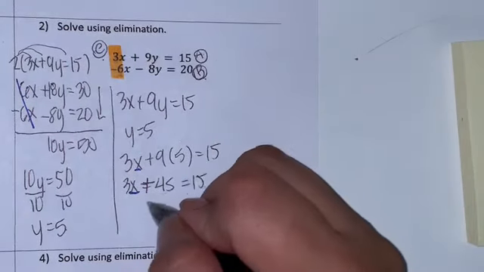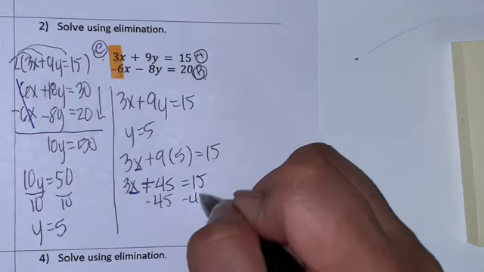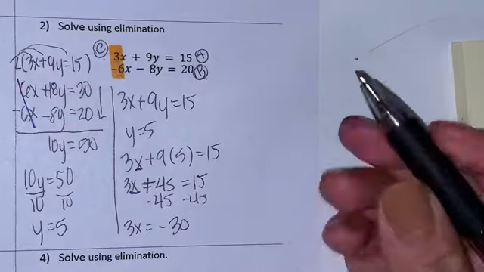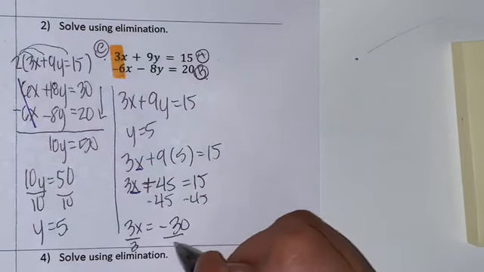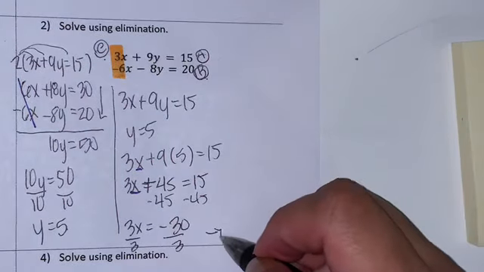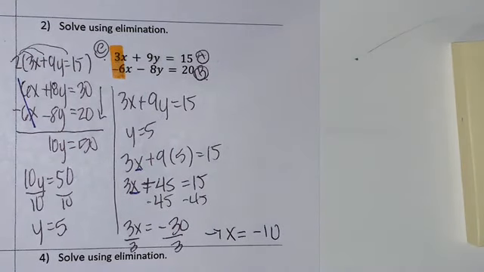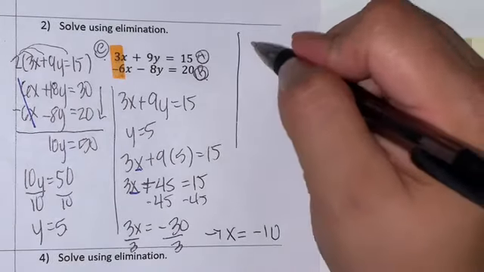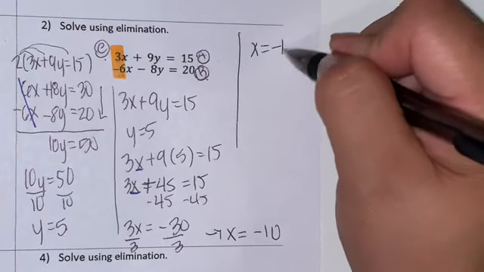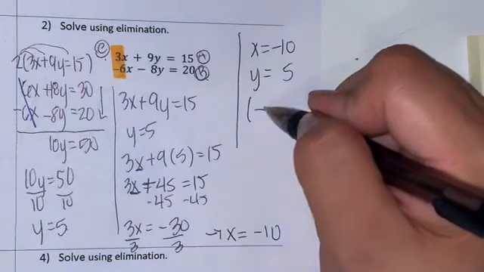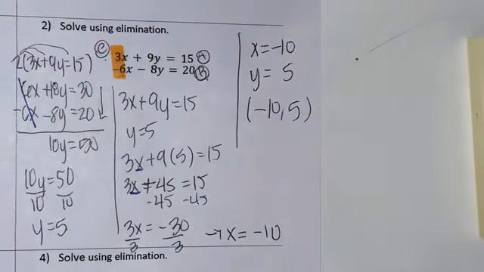So you're going to say minus 45, minus 45. 3x equals negative 30. Divide both sides by 3. X equals negative 10. So if we go from here, we can say that our solution, x equals negative 10, y equals 5. Our ordered pair is negative 10, comma 5.